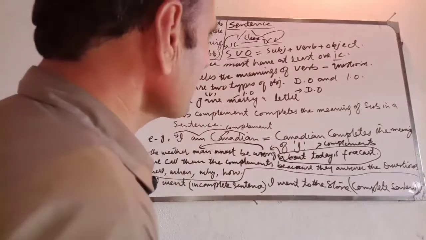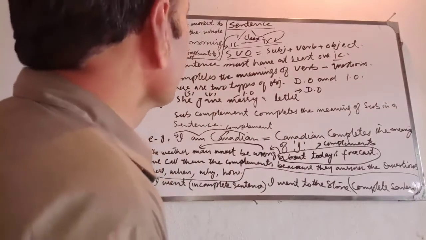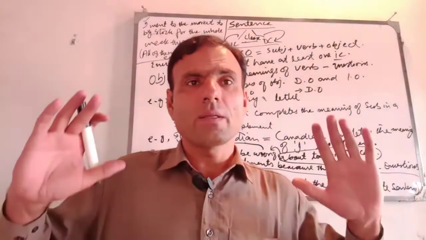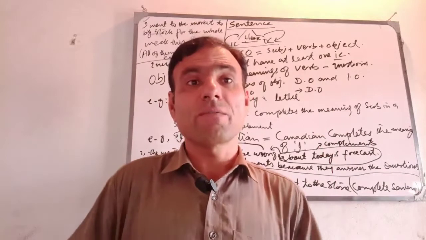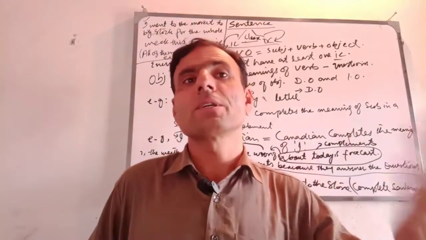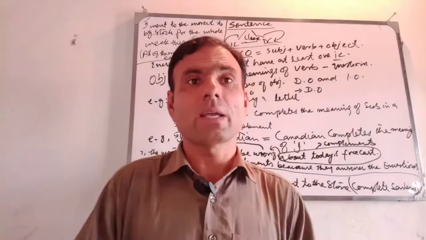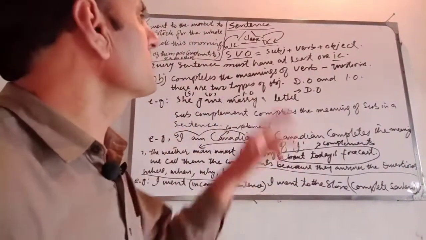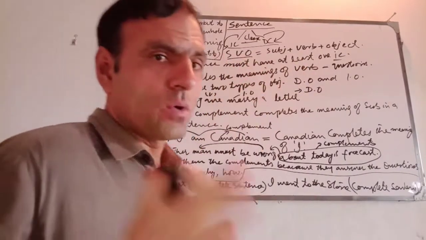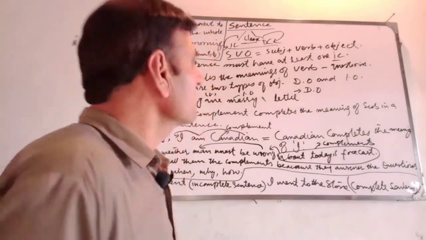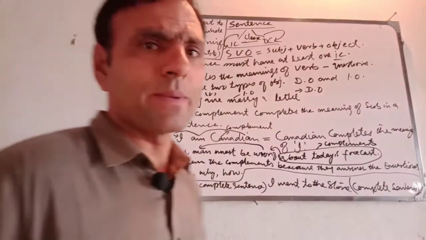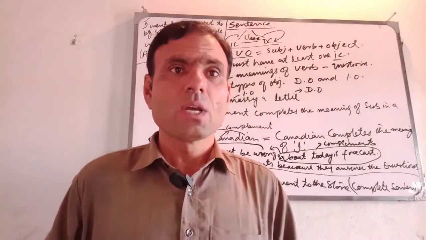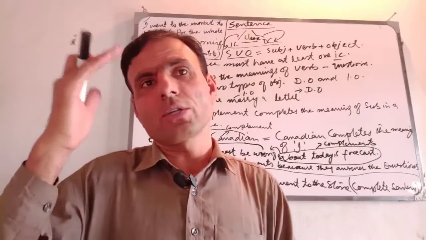The object completes the meaning of the verb. The function of the object in a sentence is to complete the meaning of the verb, like who, how, why, where, the questions. For example, a simple example: I write. While I'm writing, an object is needed.